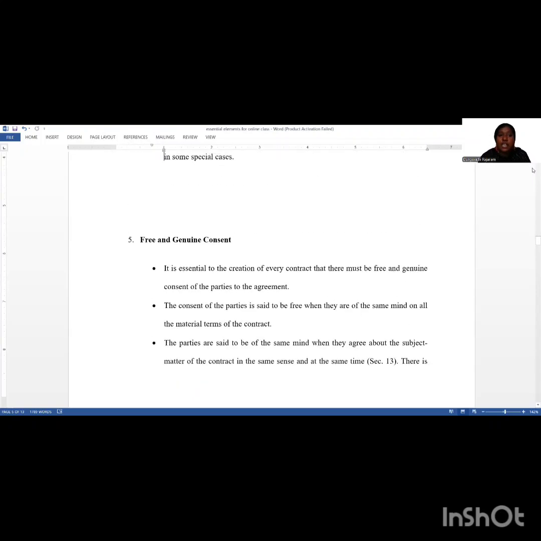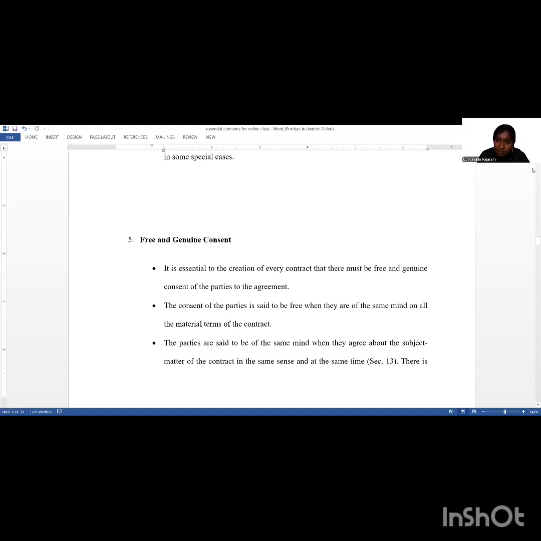The next one is free and genuine consent. If I'm making any contract, I should have free consent. Nobody should force me to sign a contract. So this is what free and genuine consent is. For example, I'm working as an employee under a manager.